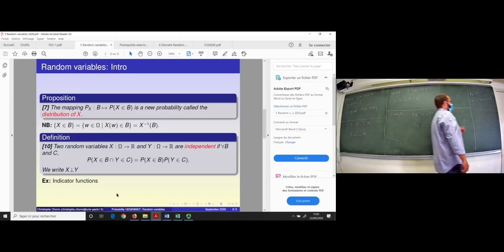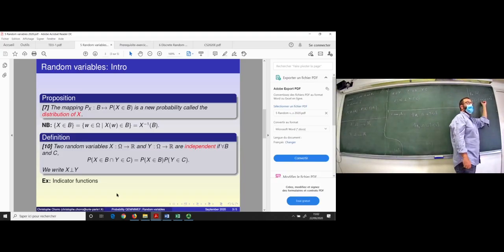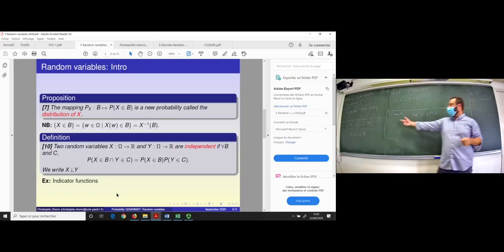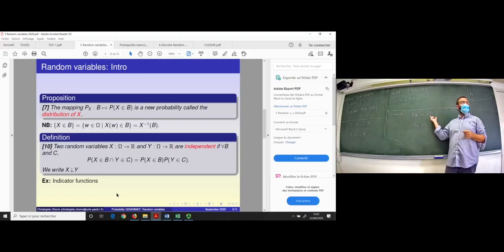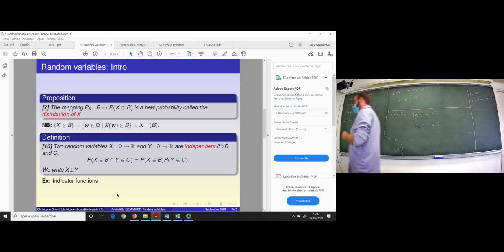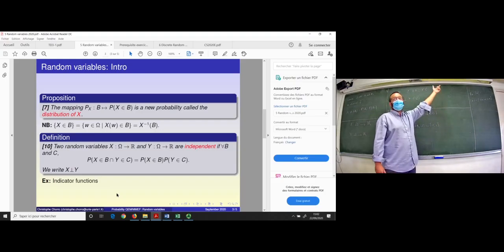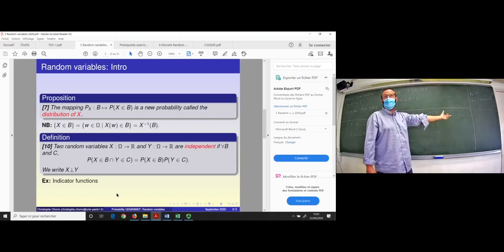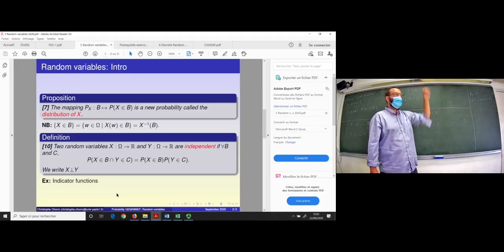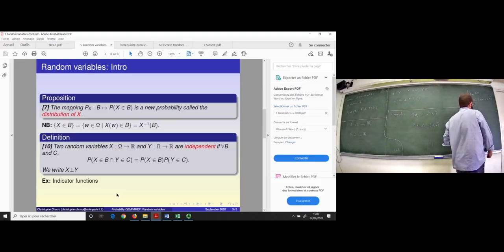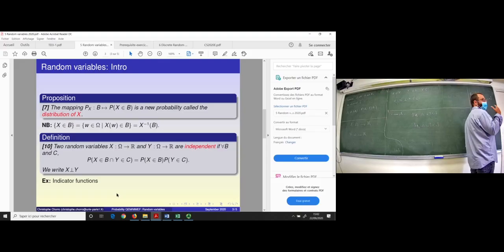Why? Because the indicator function is a mapping with values in 0 or 1. So I have only two values. And this fact implies that the number of possible preimages is finite and in fact equal to 4. Why? Because I have four possible situations.